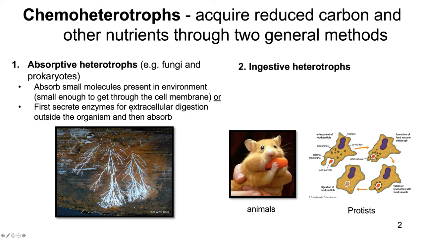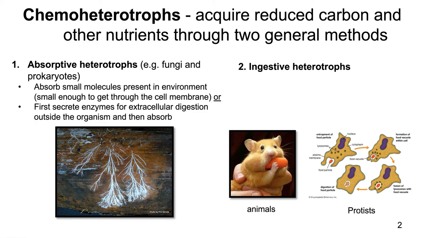So remember, extracellular is outside the cell, digestion is just breaking things down into smaller pieces. And so extracellular digestion happens outside of the organism, and once things are broken down, then they're absorbed across the cell membrane of the organism. And so like I said before, this is something that we'll see in fungi and in some prokaryotes.